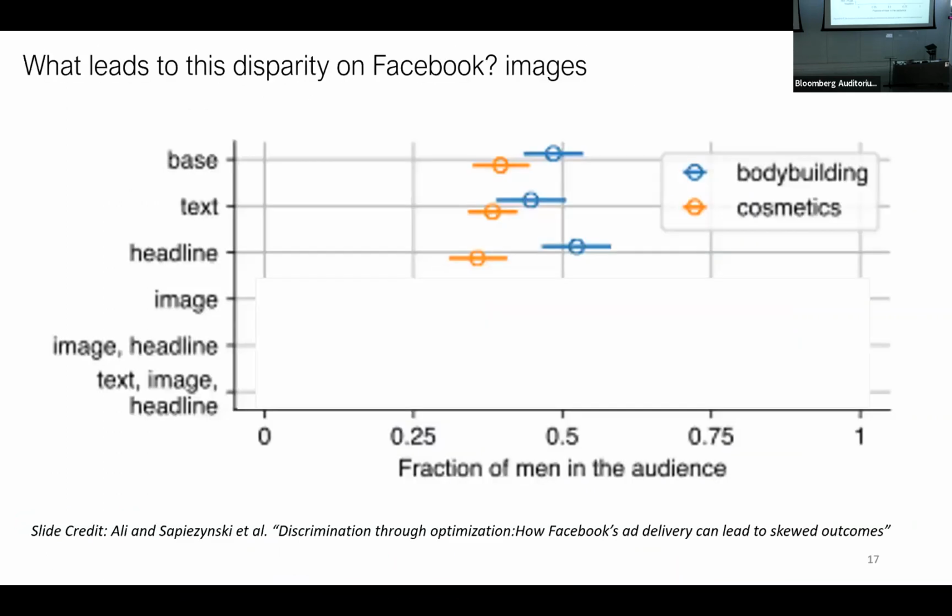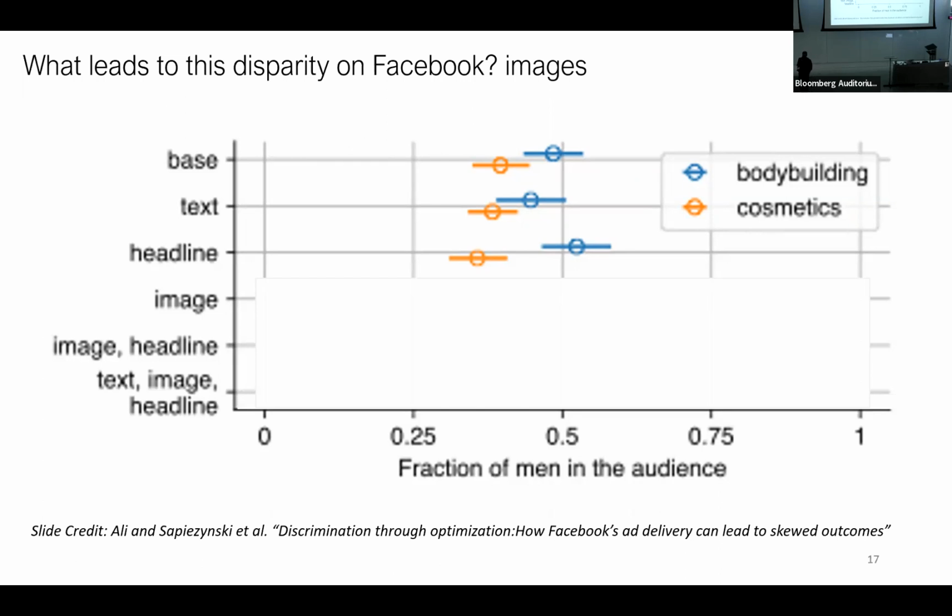And so what they wanted to understand was, why is this happening? What causes this disparity in who's seeing the ad? The first thing that they did, as you might expect, is they tried to vary the ad itself.